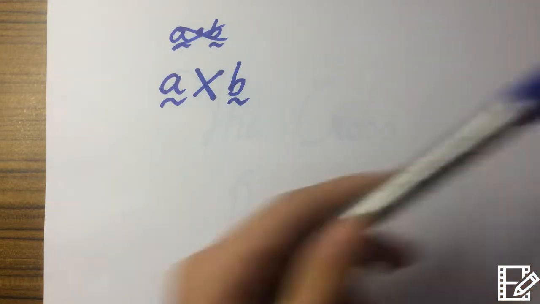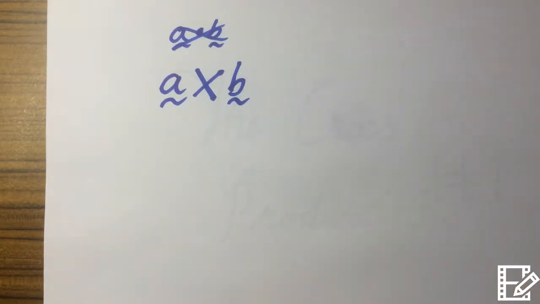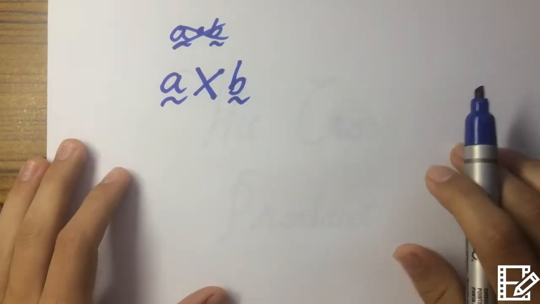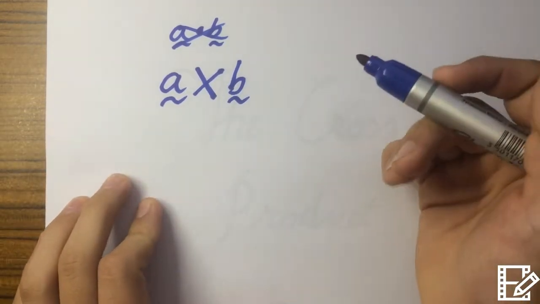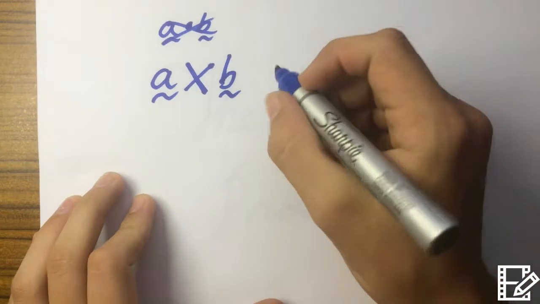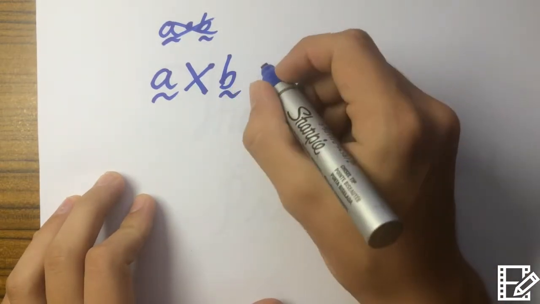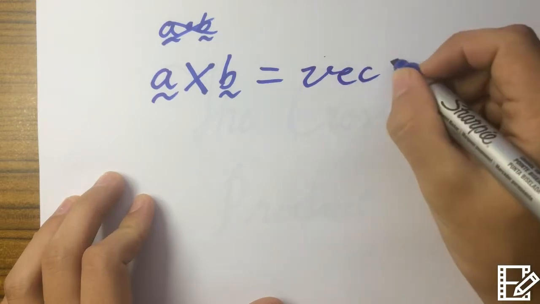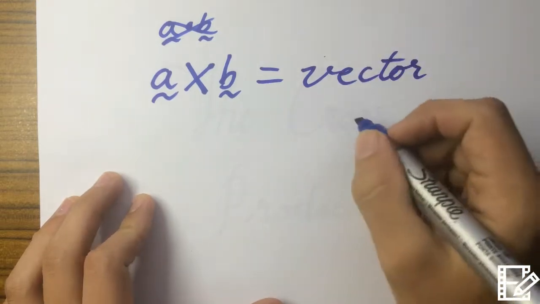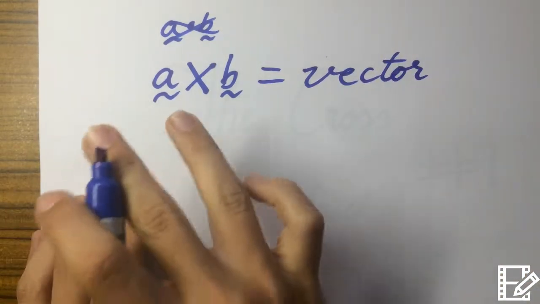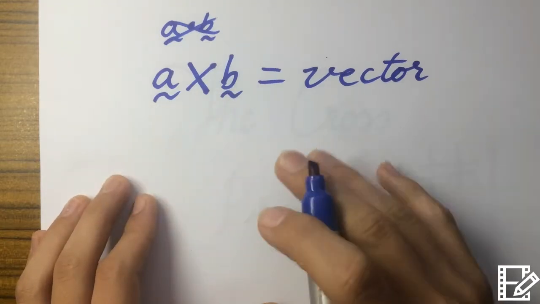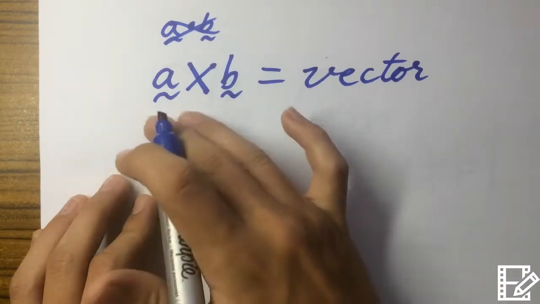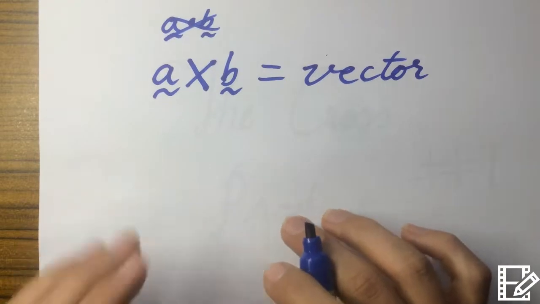That means it equals a vector. So with the dot product, you did a vector dot another vector and you got a scalar. Here you're doing a vector cross a vector and you get a vector.